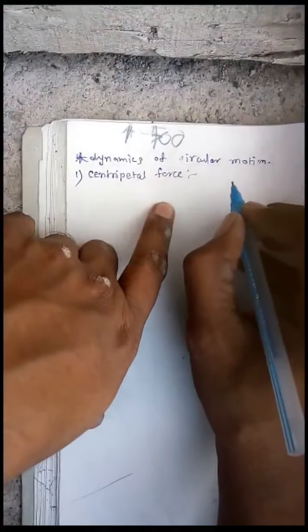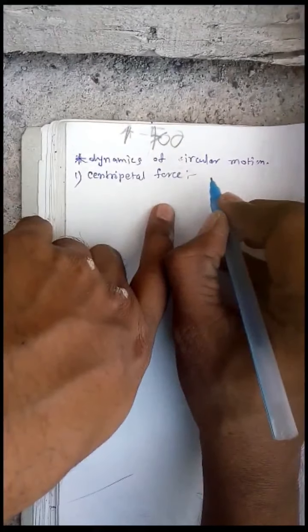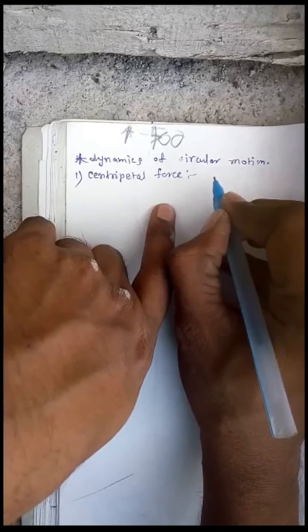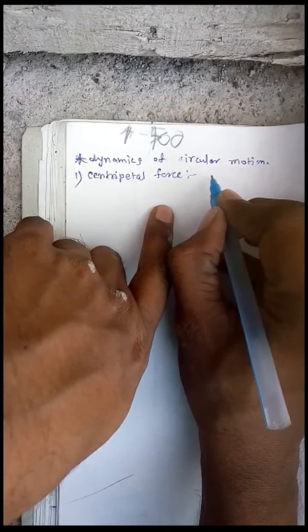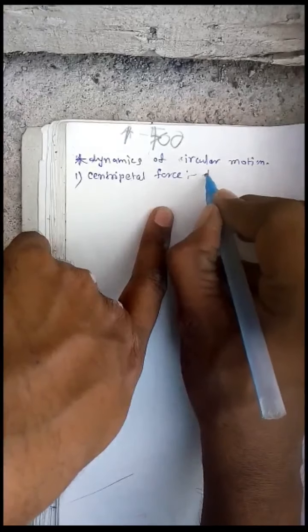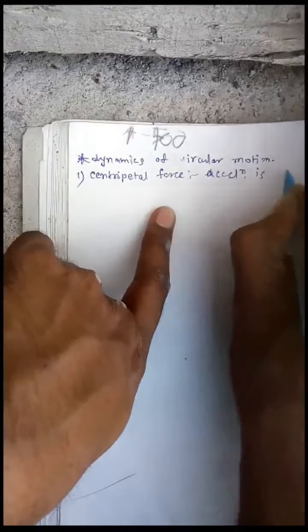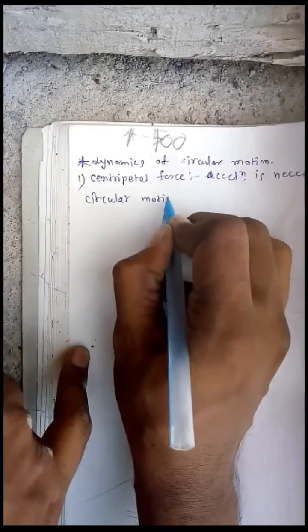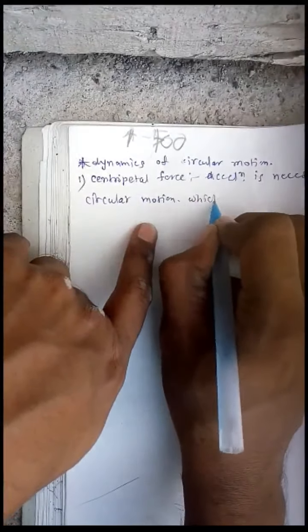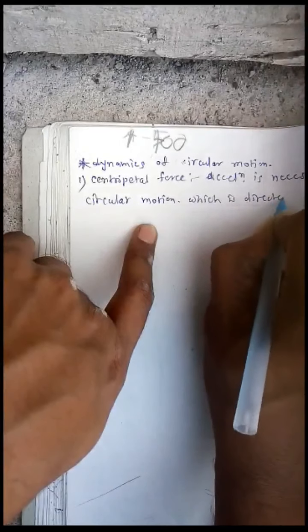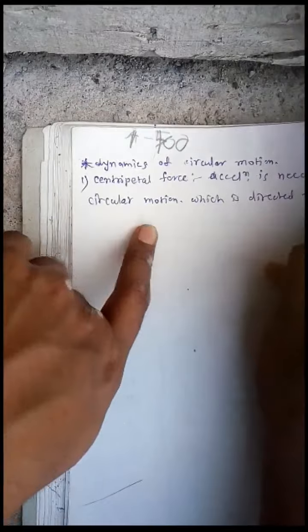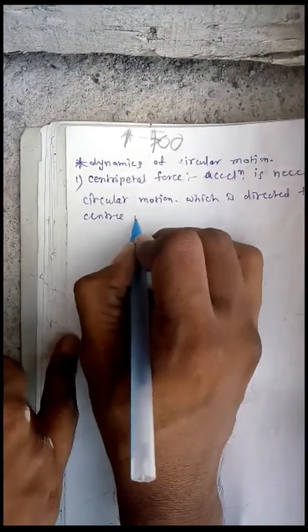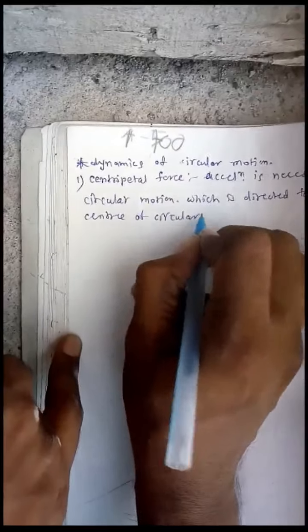As seen above, for circular motion an acceleration is necessary which is directed towards the center of circular motion.